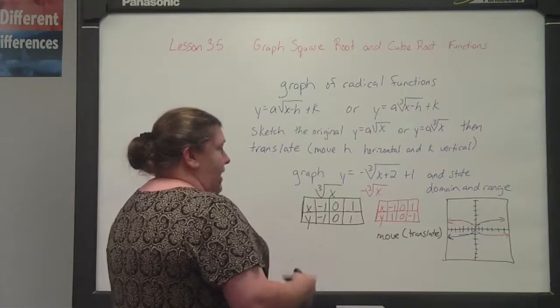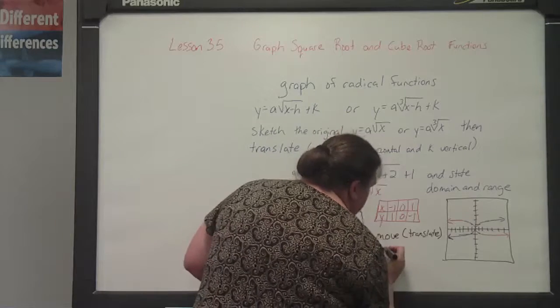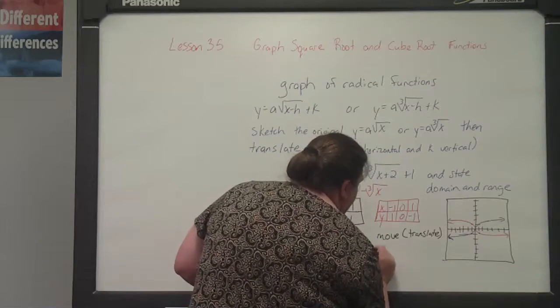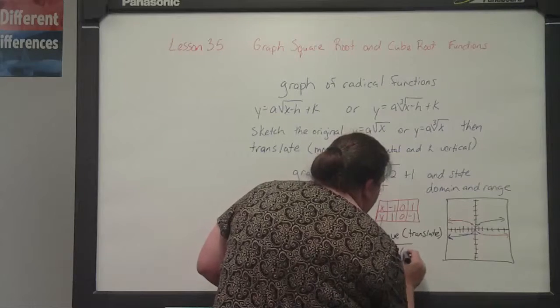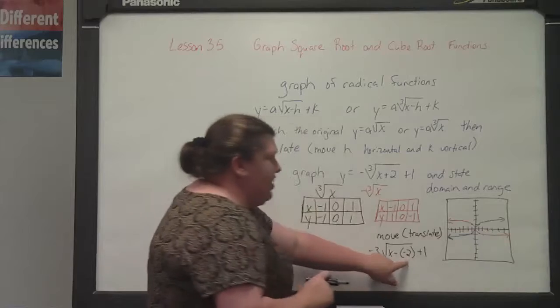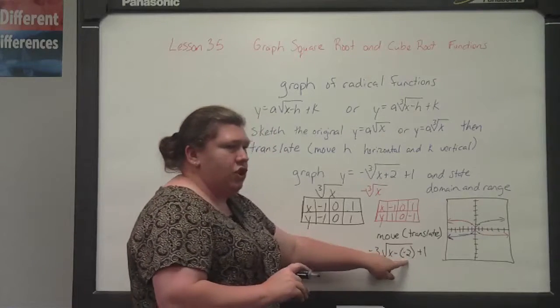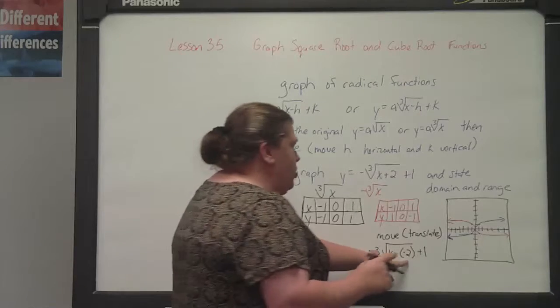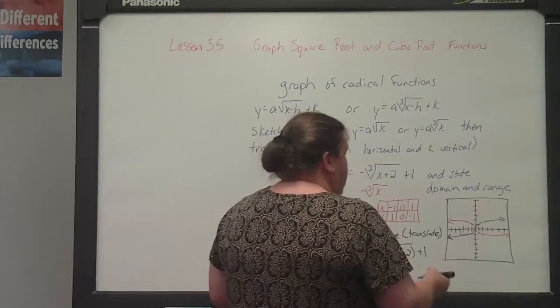So because it's a minus and negative, that means that I actually have to move. I'm going to rewrite this as a negative cube root of x minus a negative 2 plus 1. Now that you see it in this form, you can see that your h is actually a negative 2. Because of that, you have to move to the left 2.